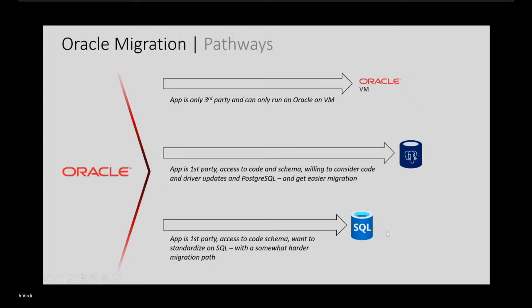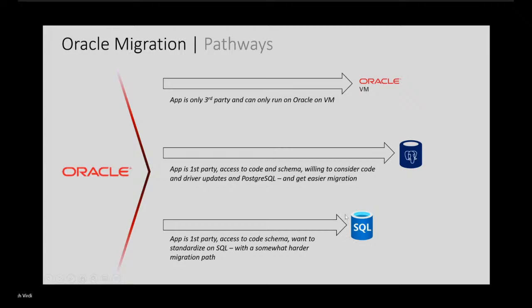And there may be scenarios where a customer is using an Oracle database with a vendor-provided or commercial off-the-shelf application that has been certified by the vendor to run on SQL Server and not on Postgres, right? So those scenarios go towards SQL Server.